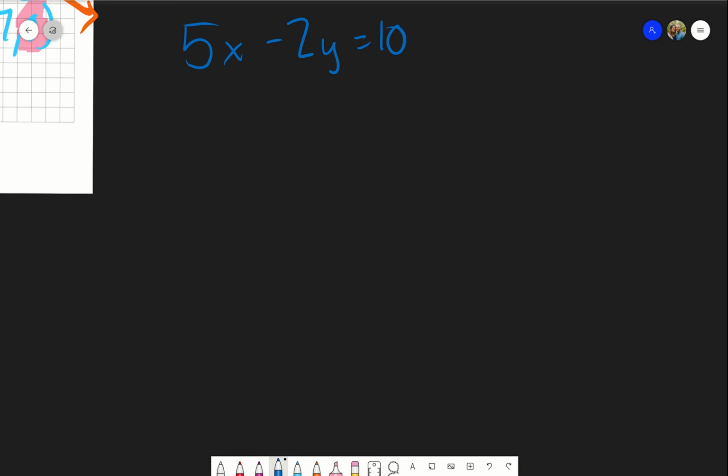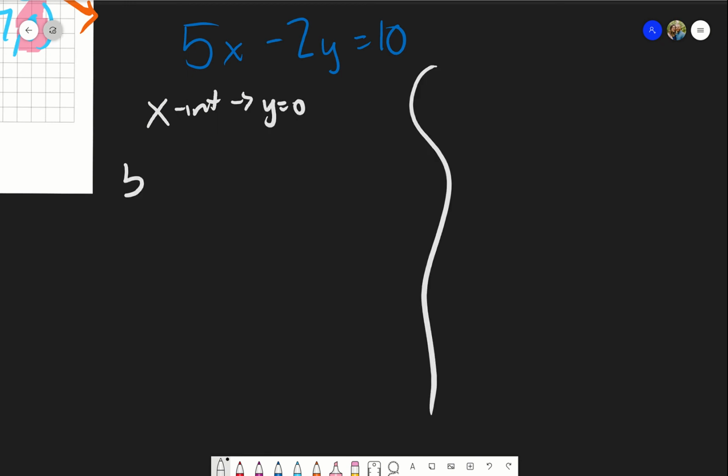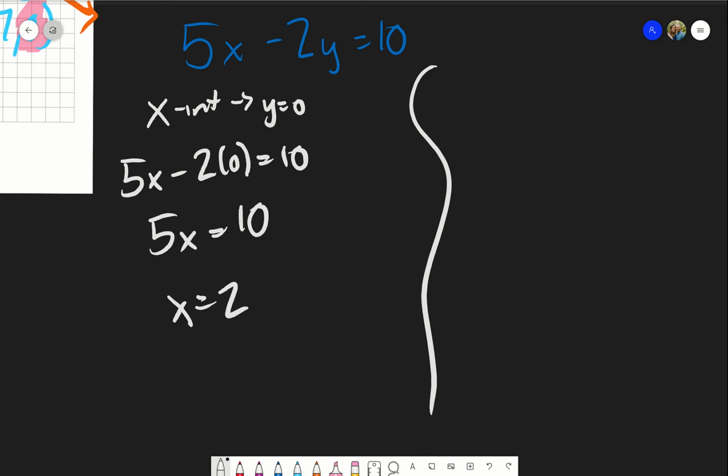I do the same thing for my x-intercept: I know that y equals 0, so 5x minus 2 times 0 equals 10, which is 5x equals 10, which is x equals 2, which gives me the point (2, 0).